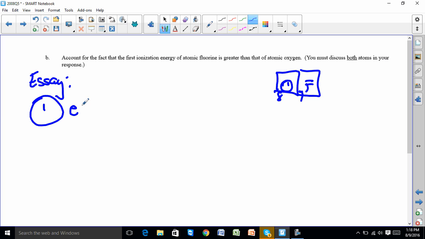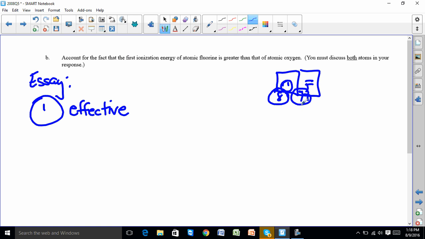So we're going to answer the question first. And then in the explanation, we're going to talk about the fact that fluorine has a higher effective nuclear charge than oxygen. By the way, these are not their effective nuclear charges. You don't have to say what this is, but effective nuclear charge is the atomic number minus the shielding electrons.